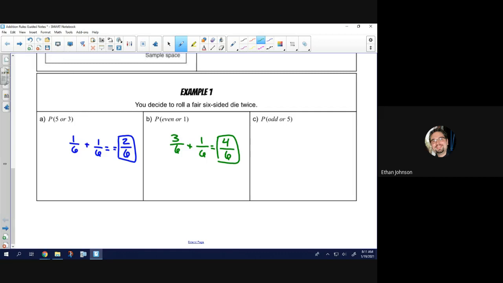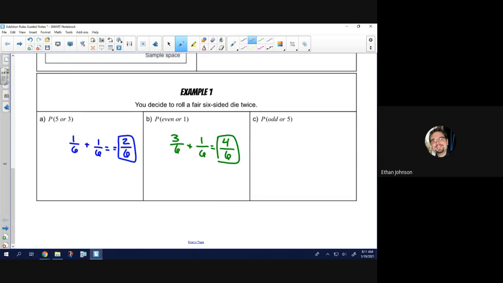And then C, odd or 5. Is this mutually exclusive? No, it is not, because if we rolled a 5, that is a 5 and an odd number. So we are going to need to subtract that overlap.